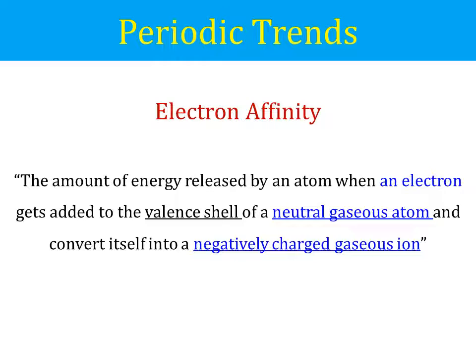So when an electron is getting added into the valence shell, we also know that the transfer, exchange or sharing of electrons always takes place with the valence electrons, because they are present at the outside, at the boundaries.